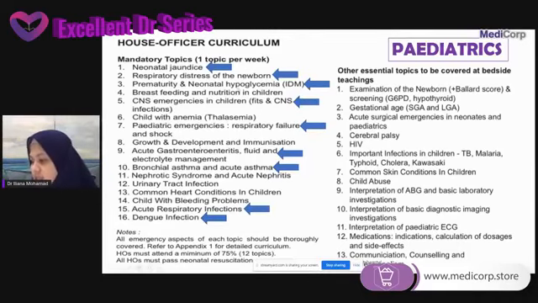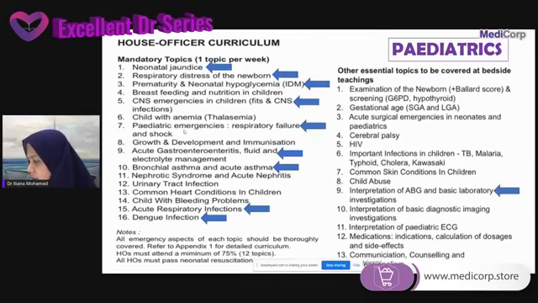The rest of the topics are less commonly encountered, so hopefully during the posting you can take your time and learn them. So these 9 topics are the ones you should focus on during your waiting time.